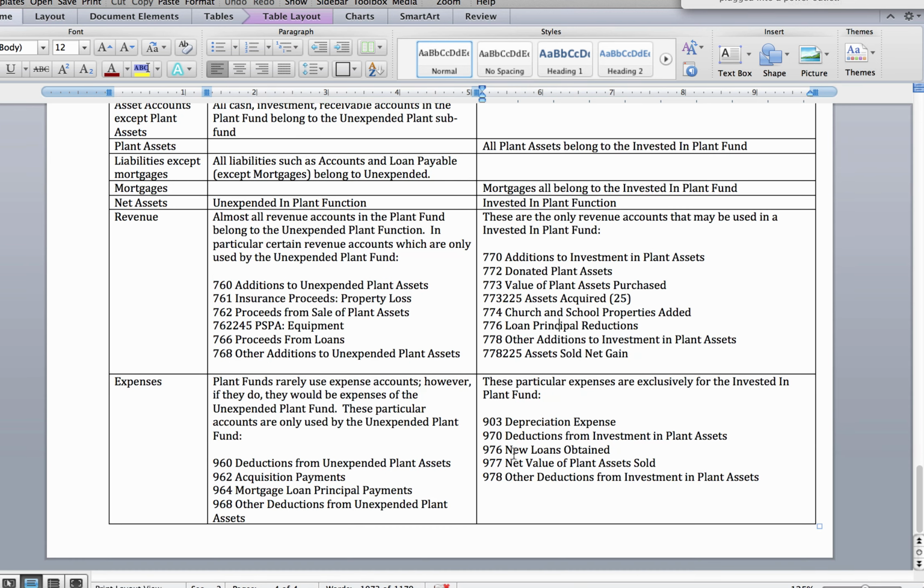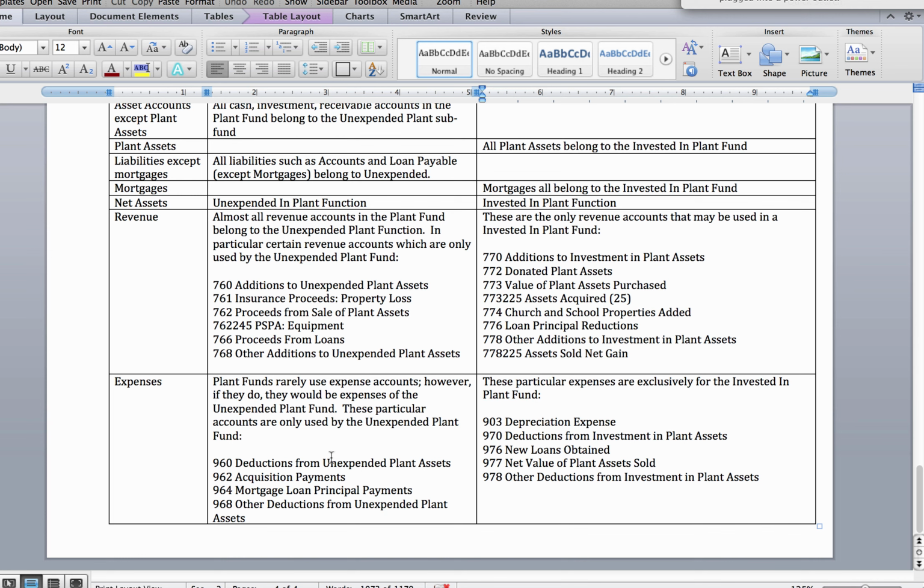And then in expenses, plant funds rarely use expense accounts. In particular, your repair expense, insurance expense, and property tax expense are all operating expenses of the operating fund and not expenses of the plant fund.